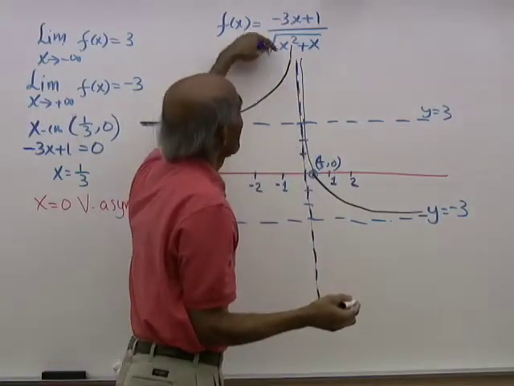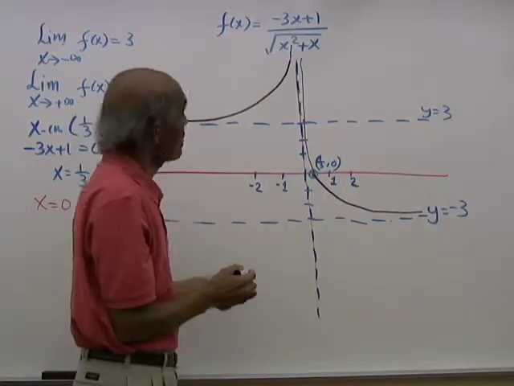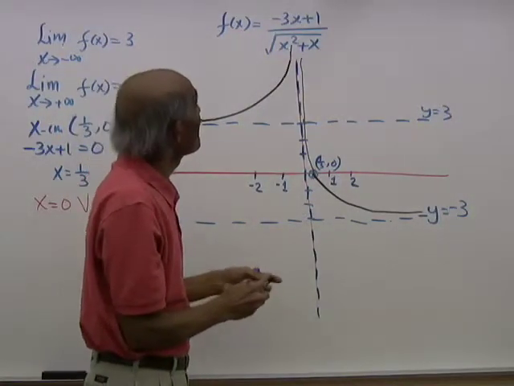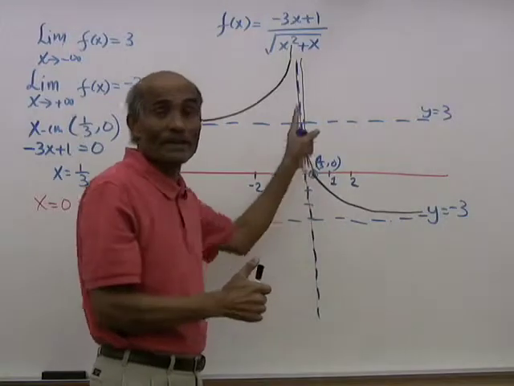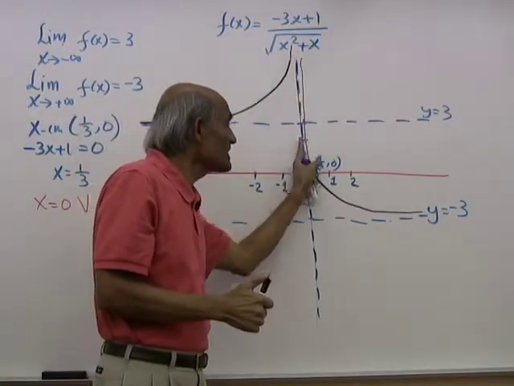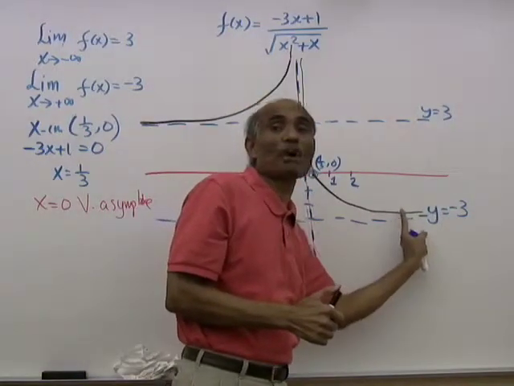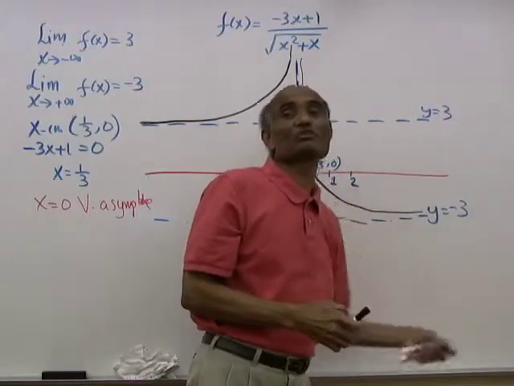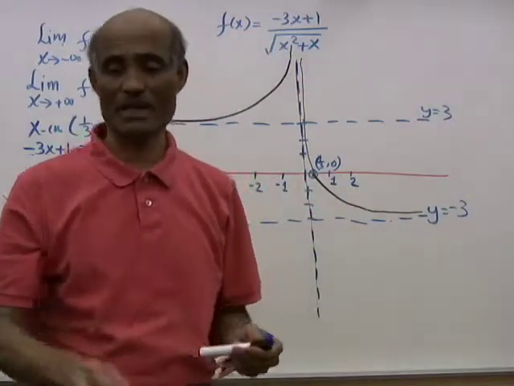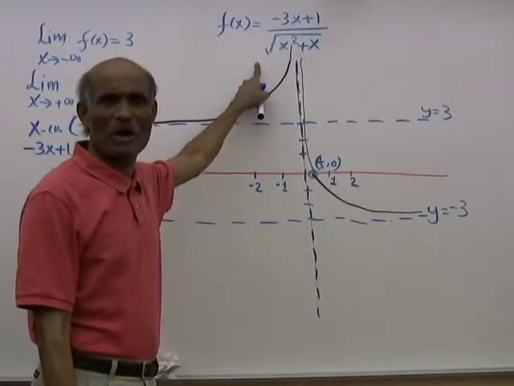And on the right side, as x gets closer and closer to 0, again you get positive infinity. And it cuts the x-axis at 1/3, and then as x goes to positive infinity, it gets closer and closer to y equal to -3. And that is the graph of a rather complicated function.